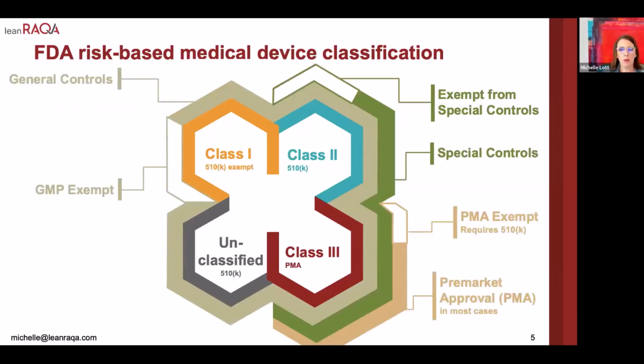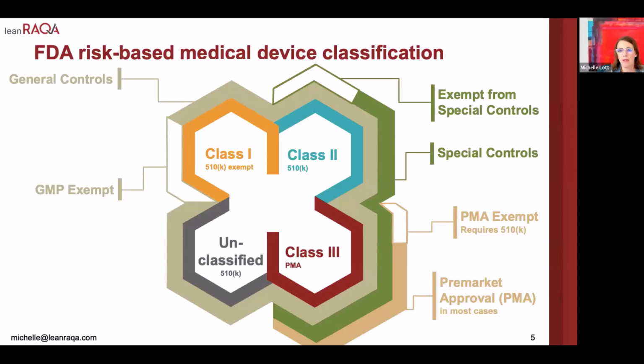This is really unique to the way that FDA has organized exemptions and requirements for different classifications of device. We really have 3 sets of controls. You've got your general controls. So no matter what, even for all your class 1 devices that might be 510K exempt and GMP exempt for a certain subset, you're going to have some basic requirements, but they are very minimal.